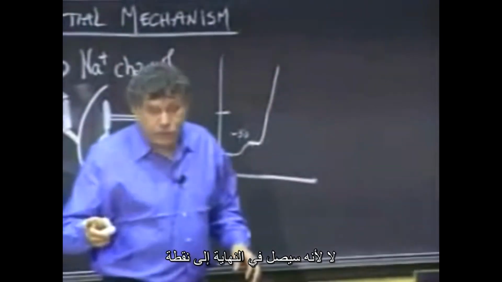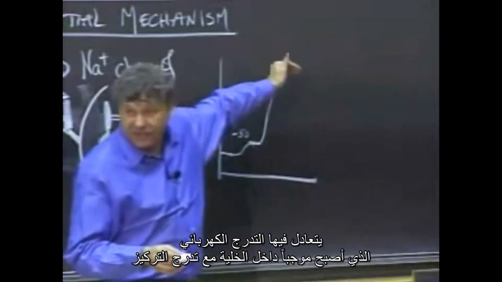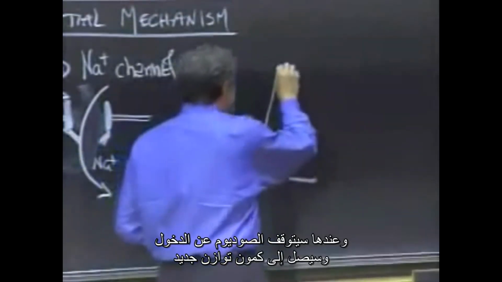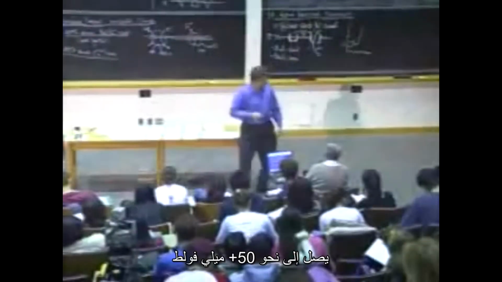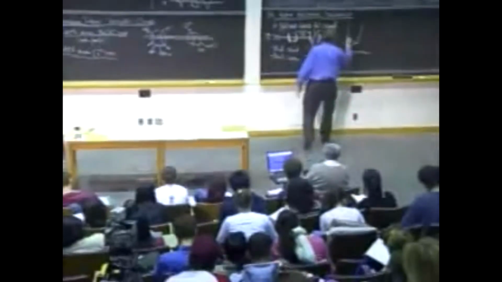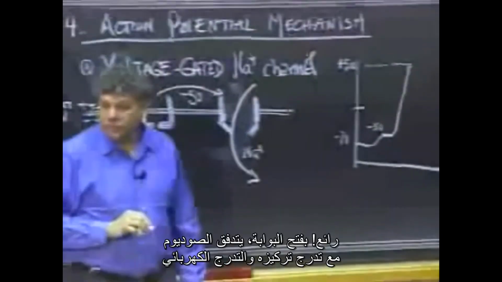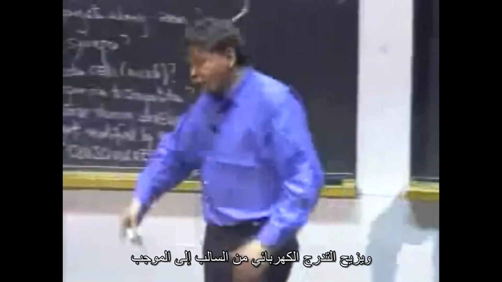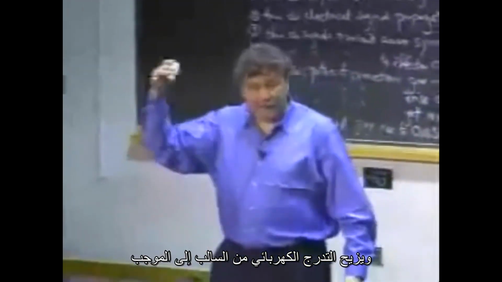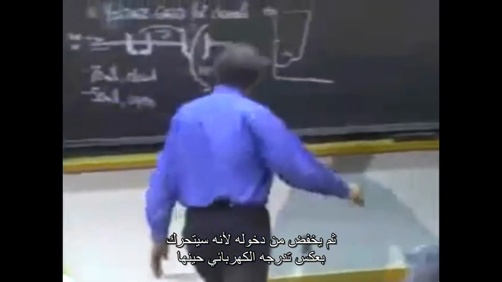No, because eventually the positive electrical gradient offsets the concentration gradient, and it stops at a new equilibrium potential of about plus 50. Amazing. Opens the door, sodium rushes in, shifts the electrical gradient from negative to positive, and slows itself down because it's now going against the electrical gradient.